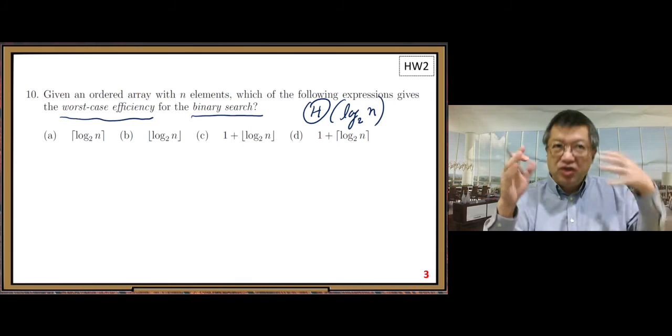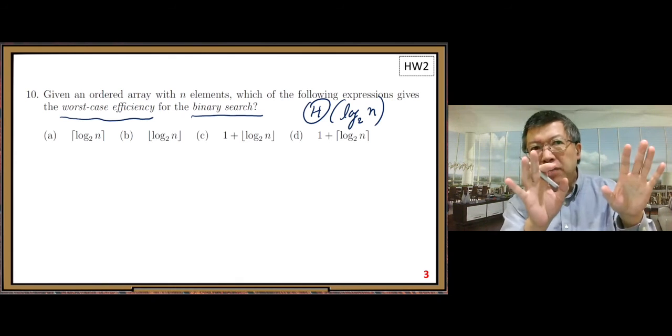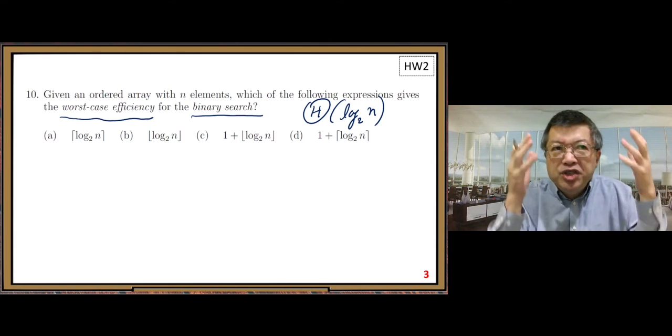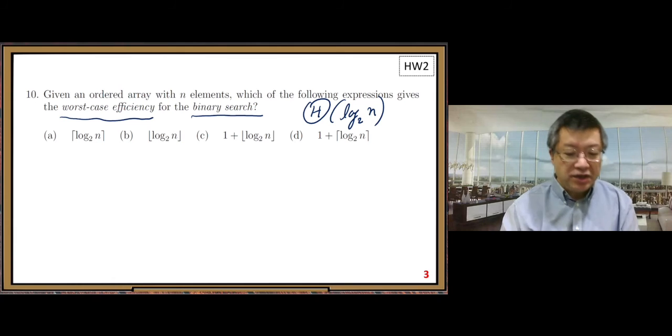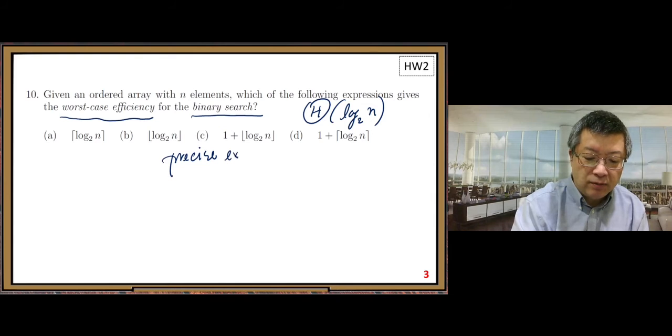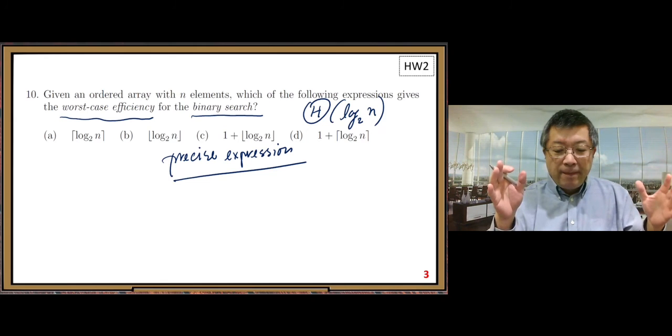So when we describe the worst case, we use asymptotic notation. But sometimes we need more than that. We need a precise representation, a precise expression.